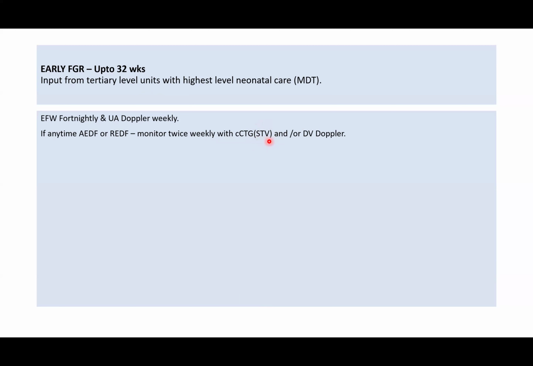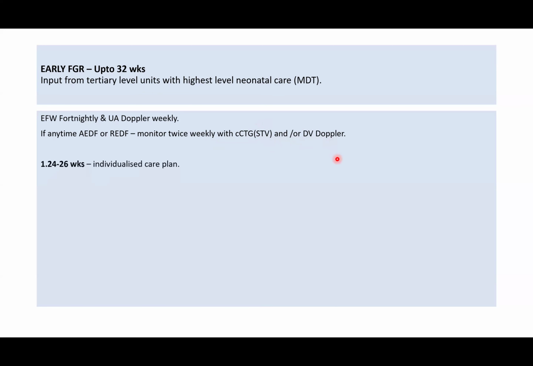These are also like the beat to beat variability which we see in the normal conventional CTG. But beat to beat variability is in beats per minute, whereas STV, the short term variation, is monitored every millisecond. And also we can use the ductus venous Doppler.